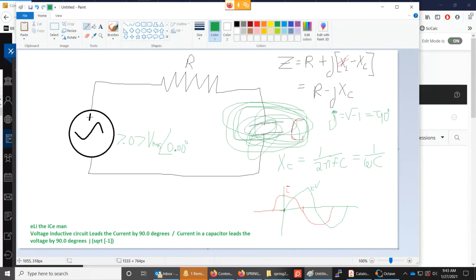Okay, that's in the capacitor of the circuit. And the resistor doesn't have the J term with it, so the voltage and the current are in phase in the resistor.